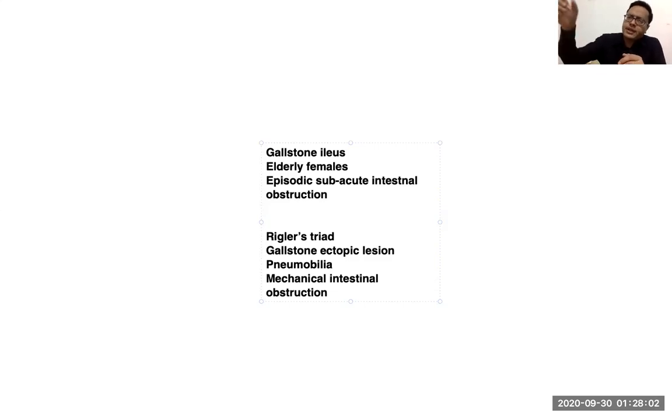Through that abnormal communication, the stone enters and gets stuck in the distal ileum, because the ileum is the narrowest site, and can present with episodic, typically subacute, though sometimes acute, mechanical obstruction. Episodic is another feature. Sometimes it could be chronic also. So all three are possible: episodic, acute, chronic or subacute intestinal obstruction, and ultimately it leads to a form of mechanical intestinal obstruction. That is the thing you need to know.